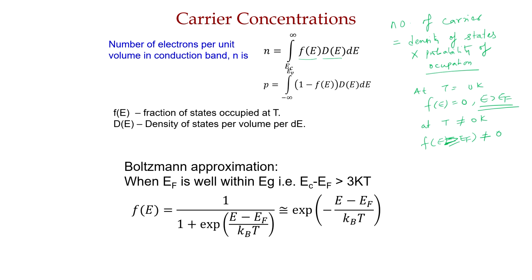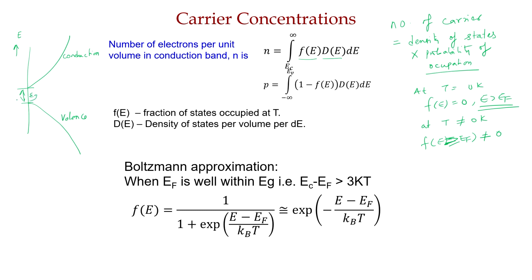Similarly, for holes I can write p is equal to the integral from minus infinity to EV. So, we can see that these are the states. Going by the relation, this is the E to the power half relation. So, this is your conduction states, this is your valence states, this is your energy level, okay, and this is your energy gap.